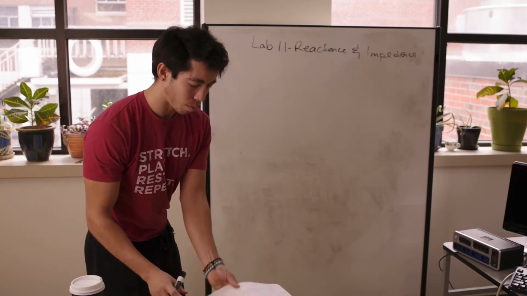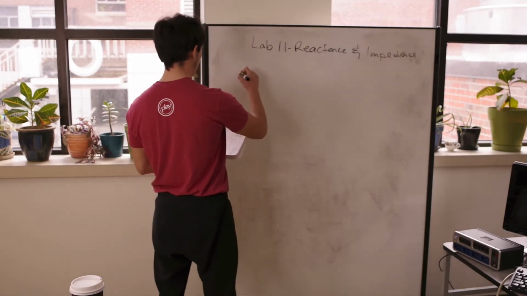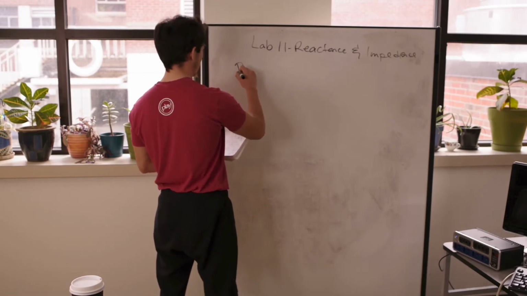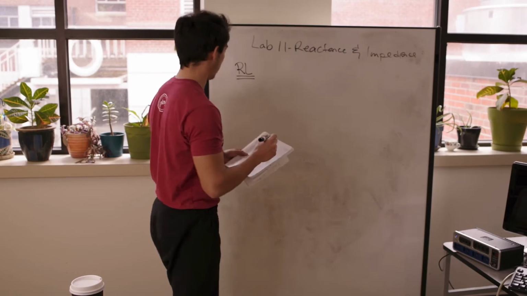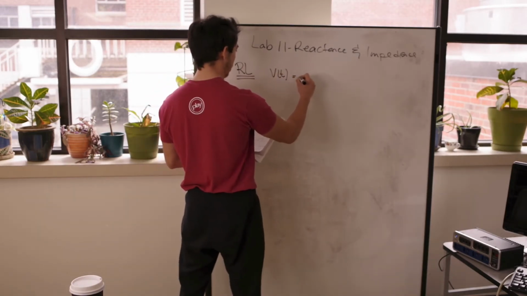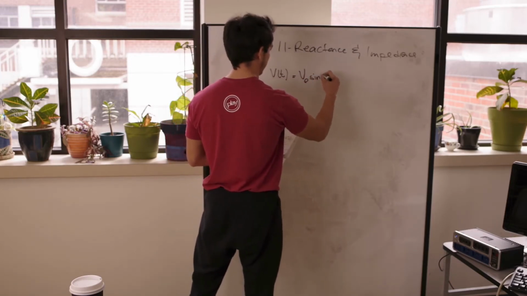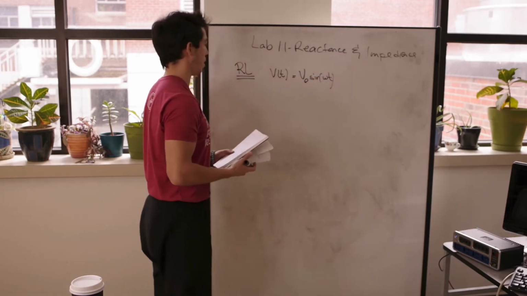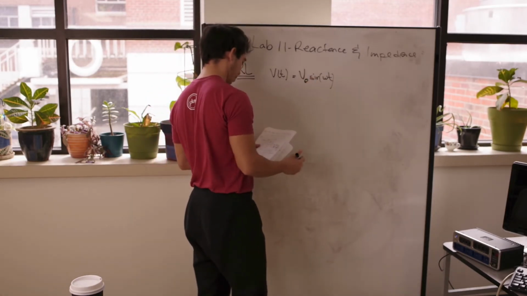If we apply an AC signal to our circuit, let's start with the RL circuit. Applying an AC signal to the RL circuit, we have V as a function of time equals V naught sine omega t. So it's just an oscillating signal with magnitude V0.